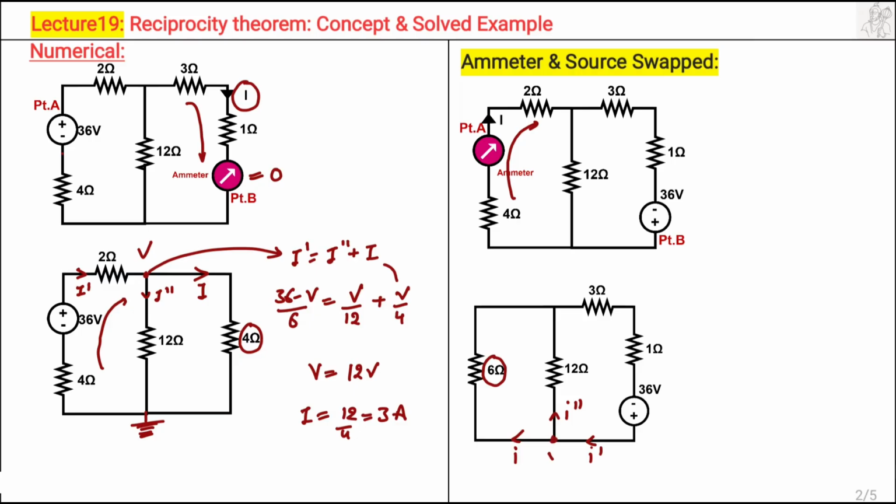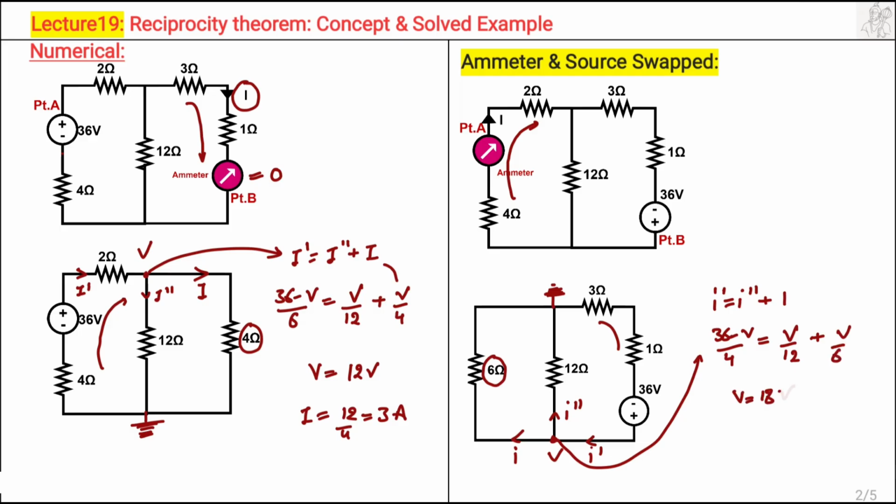Suppose the node voltage is V with respect to this ground, then at this point, as per KCL, I' is equal to I'' plus I. I' is simply (36 minus V) divided by the total resistance, that is 4, is equal to I'', that is V by 12, plus I, which is V by 6. From here V comes out to be 18 volts and I is simply V by 6, that is 18 by 6, which comes out to be 3 amperes.